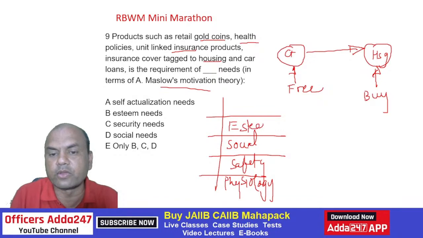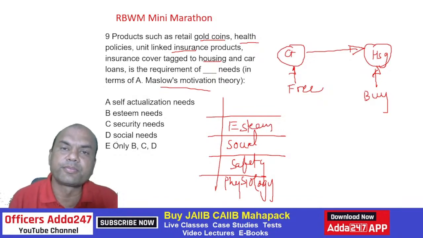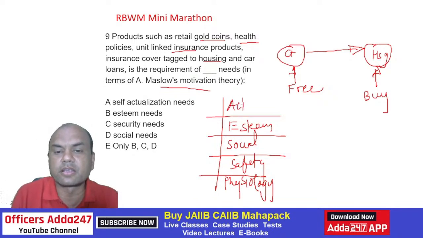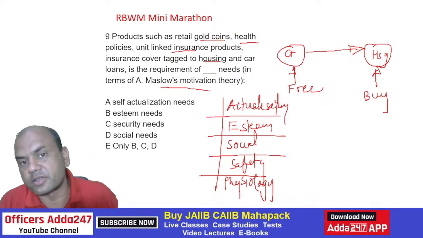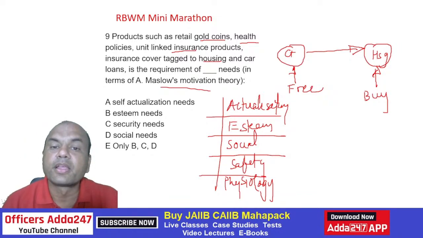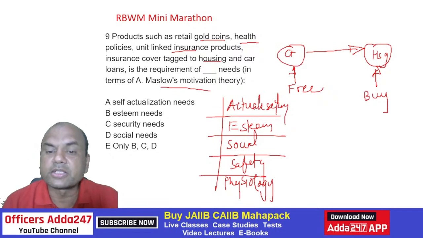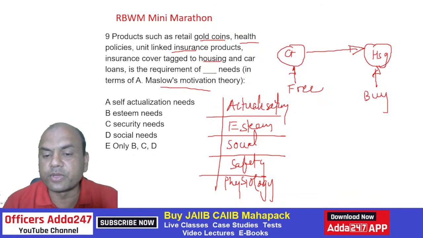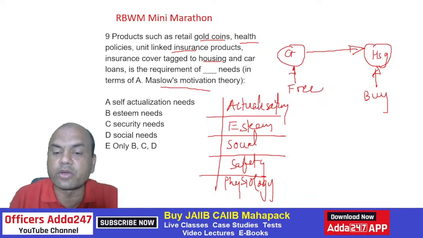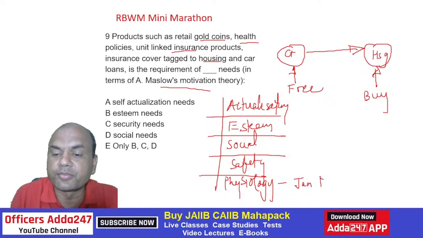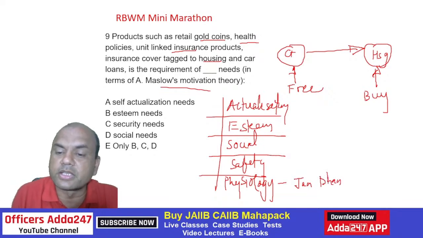And fifth one, anyone remembers? It is actualization. Got it? So these are the 5 levels of this Maslow's hierarchy. Now remember 3 plus 2. Importantly, the physiology level is for the basic needs, the basic account, Jandhan account.